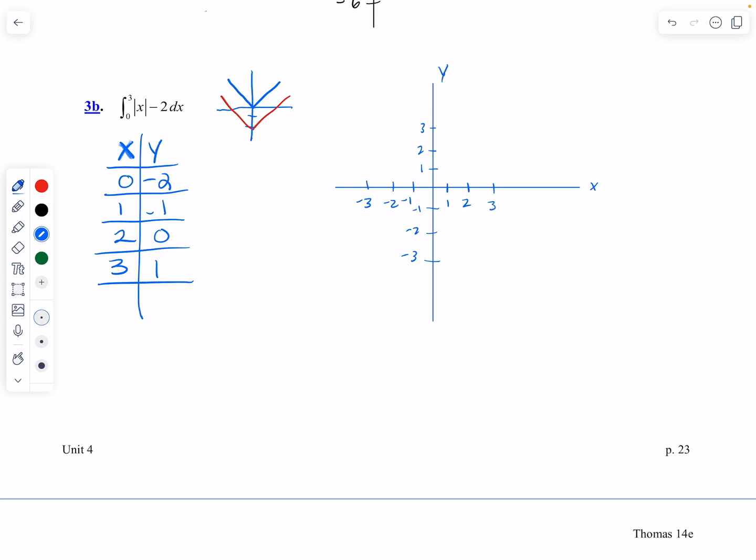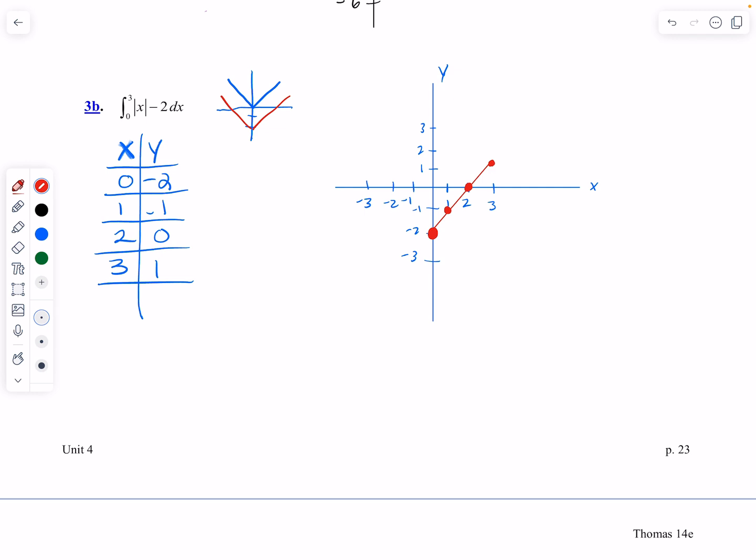Okay, all right, now I'm ready to plot the points. So the first one is x equals 0, y equals negative 2, which makes sense because we had a shift down. The next one is 1, negative 1. The next one is going to be 2, 0, and then finally 3, 1. Okay, so if I connect those up, it looks like this.